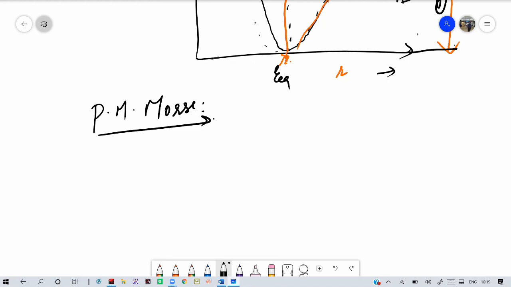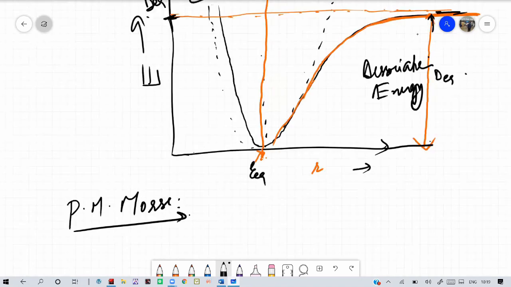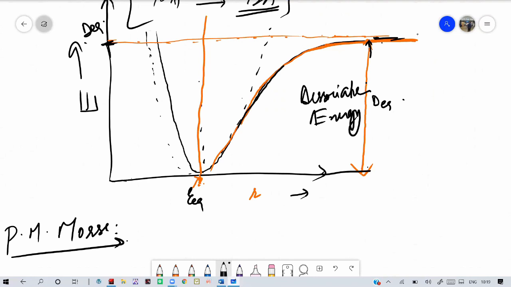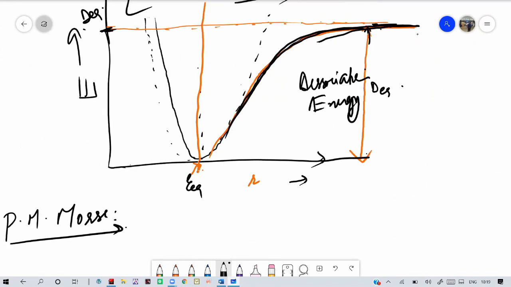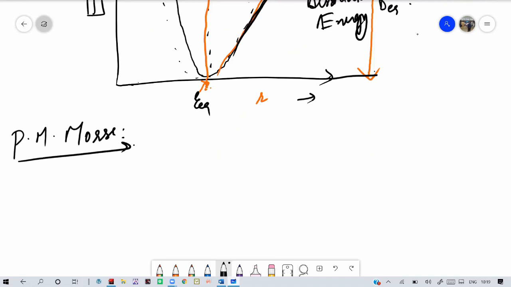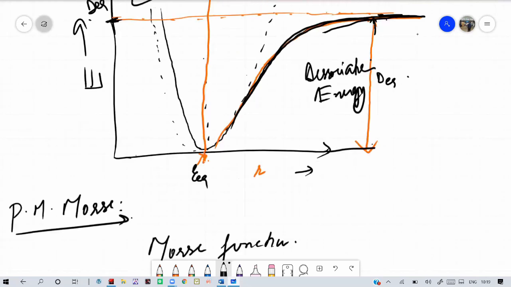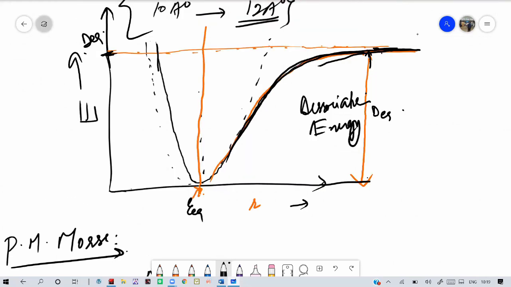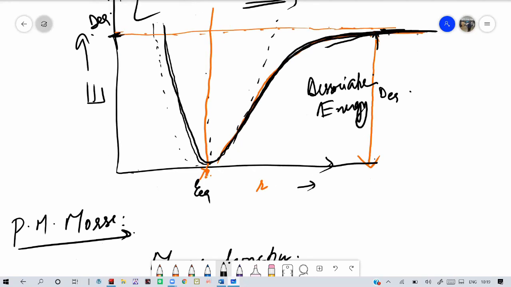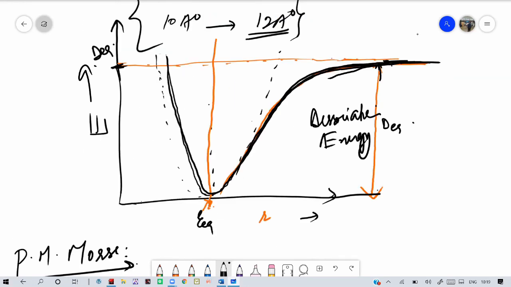And he said that this curve, this behavior, is actually a particular type of function which is called a Morse function. This whole curve behaves as a Morse function, and this is an equilibrium which we already discussed.